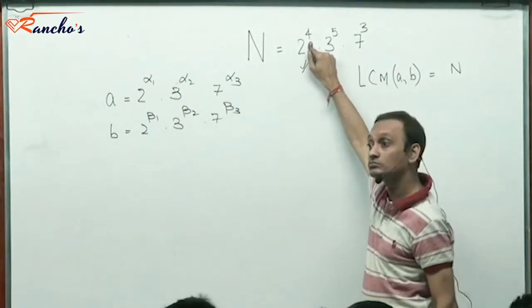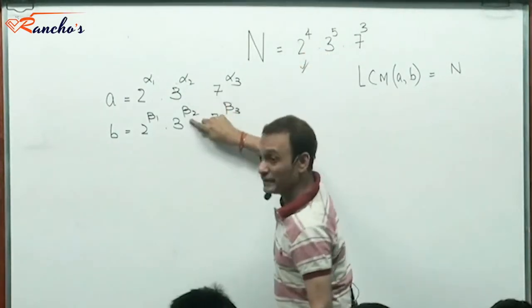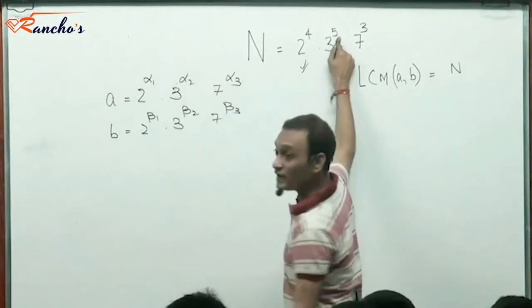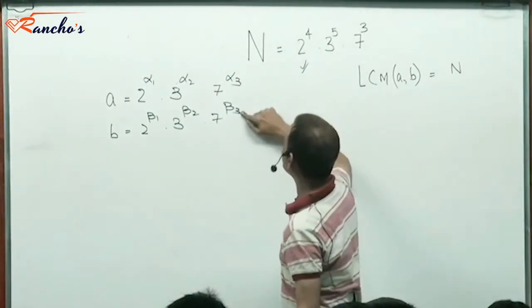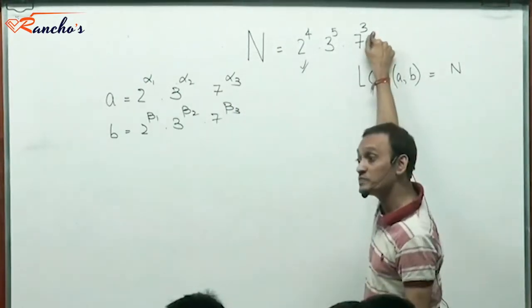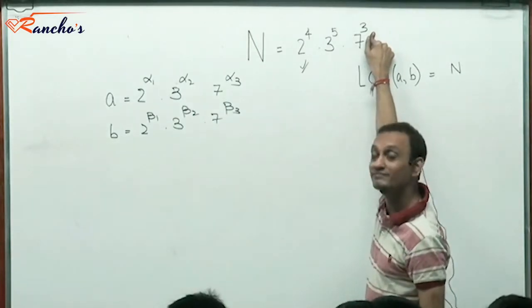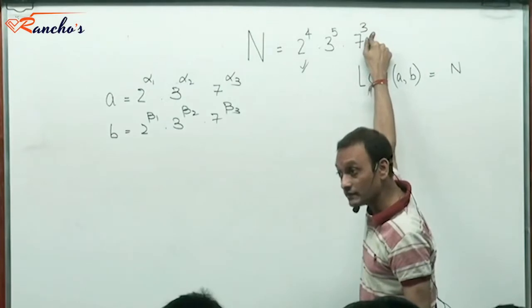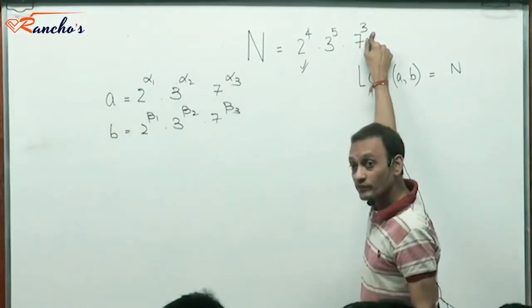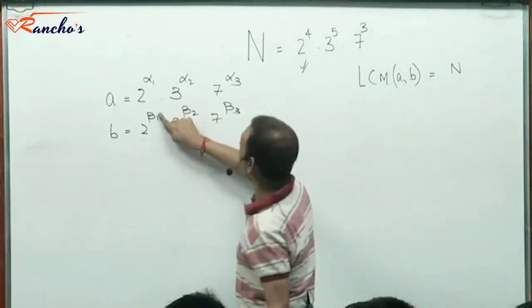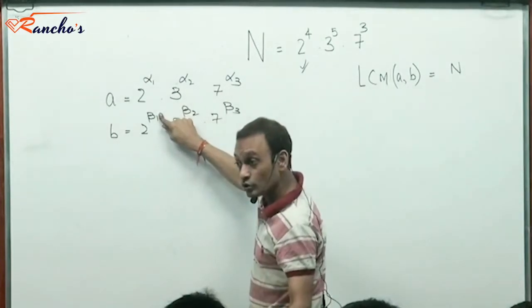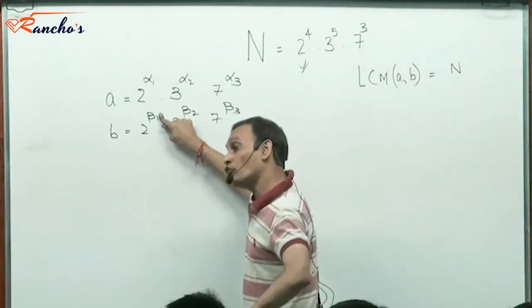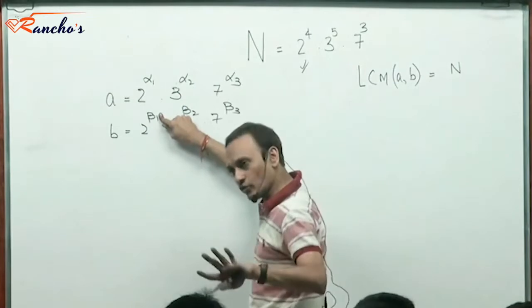Yes or no? Between alpha 2 and beta 2, the larger of the two must be 5. Between alpha 3 and beta 3, the larger of the two must be 3. That means between alpha 1 and beta 1, one of them must be 4. The other one could be 4 or less than 4. It could also be 0.